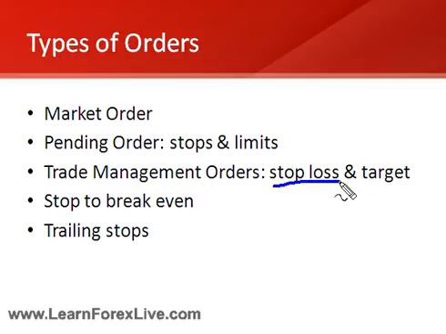the stop loss is the order we use when we want to limit our maximum potential losses. For example, let's say you've bought the euro against the American dollar at 127, and you tell your broker, okay, the maximum amount of loss I want to take on this trade is X pips.